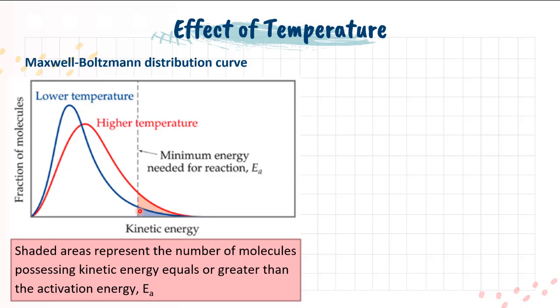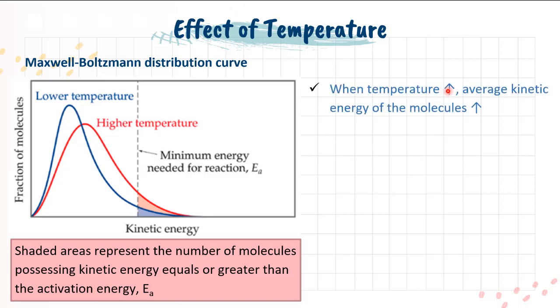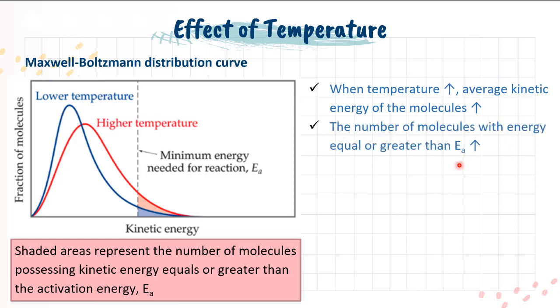So in the explanation, when temperature increases, the average kinetic energy of the molecules increases. Remember that temperature is always linked to kinetic energy in your explanation. Therefore, the number of molecules with energy equal to or greater than the activation energy, Ea, increases.